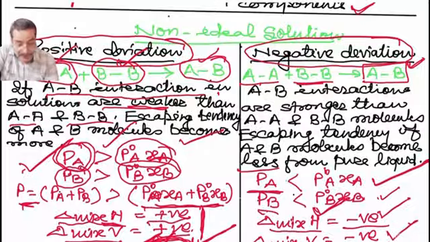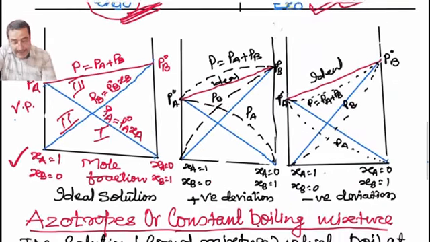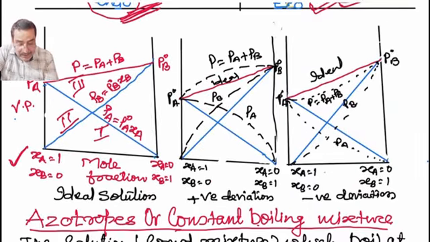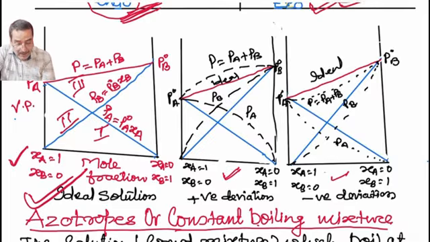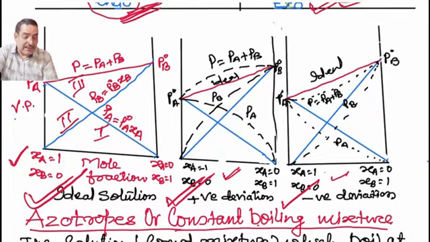If you understand the conditions, you can easily explain, and that can also be explained graphically. If you compare the three graphs, one is for the ideal solution, another is for positive deviation, and the third is for negative deviation.